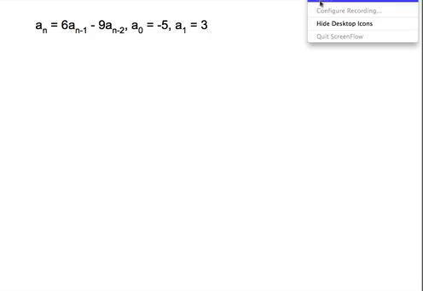Now let's check out the next sequence we have. In this recurrence relation, our first two terms are negative 5 and 3, and then you get the next term by doing 6 times the previous term. So we're going to do 6 times 3 is 18, and then minus 9 times the term before that.